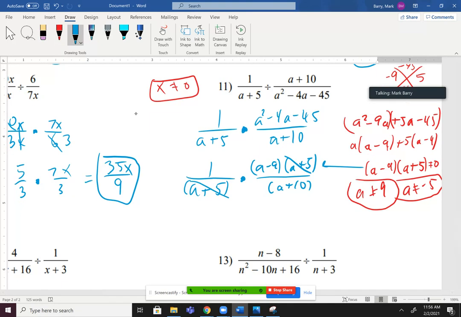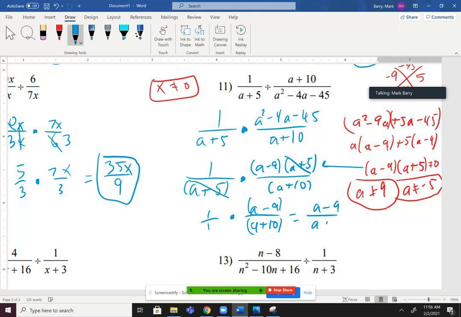So really I have 1 over 1 times a minus 9 over a plus 10. I don't see anything else I can cancel out. I'm not allowed to cancel these a's down because they have adding and subtracting to them. And so just think of those being in parentheses.